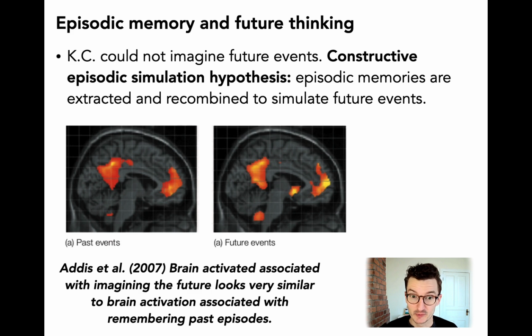And indeed, if we put people in the fMRI scanner and have them think about past events and then imagine future events, we see that very similar parts of the brain are active. So there's some evidence here that one role of episodic memory is to allow us to think about the future. Kind of a cool idea, I think.